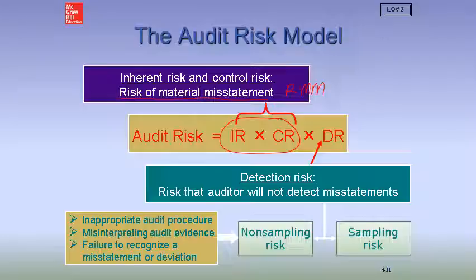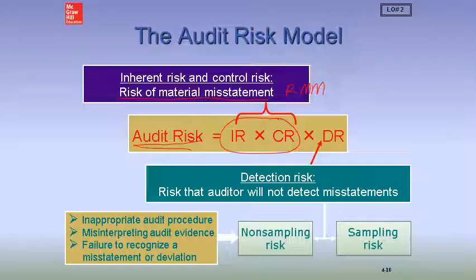Now, these are put together in terms of our notion of audit risk. Audit risk is the risk that the auditor will unknowingly give the incorrect opinion on the financial statements. The auditor will say that the financial statements are not materially misstated, provide an unmodified or unqualified opinion, when in fact there is a material misstatement in the financial statements.